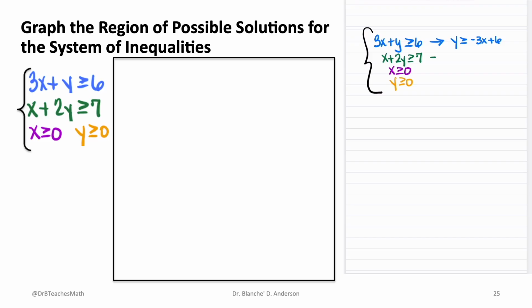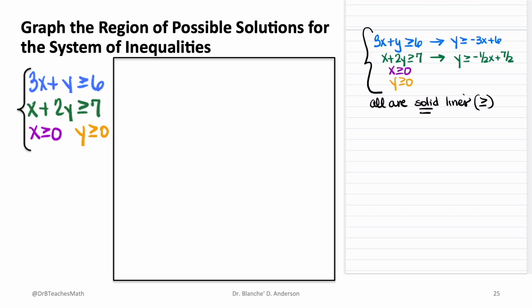If I wrote this one, it's going to be y is greater than or equal to negative 1/2 x plus 7/2. These are all going to be solid lines, all solid lines because of the greater than or equal to.